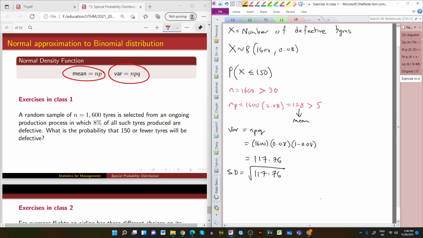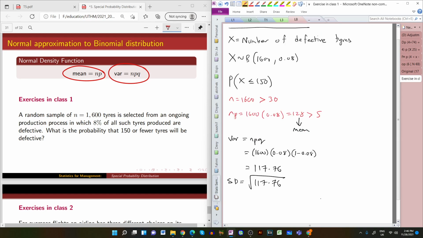Alright, now let us do the approximation.